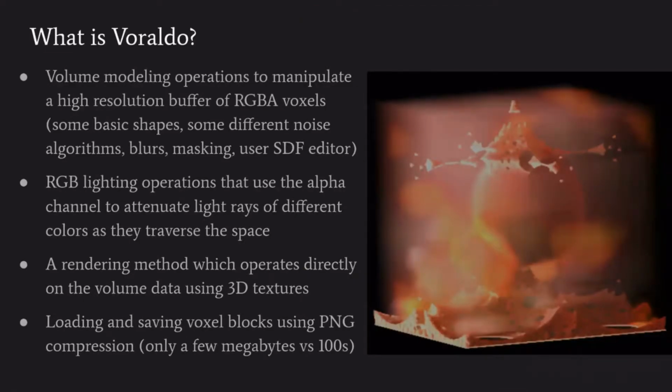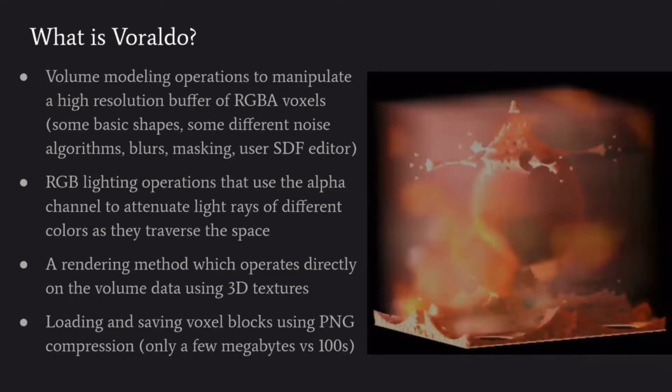My project here is doing what's called direct volume rendering. So rather than using an intermediate representation, I am using that image data as if it were sort of a solid thing.